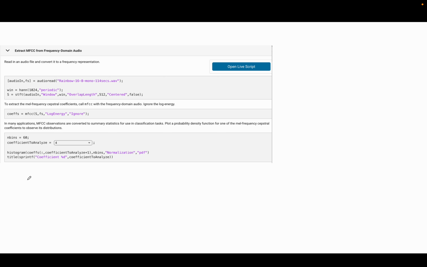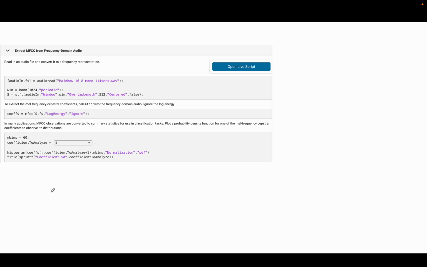A lot of times the observations are converted to summary statistics for classification tasks, so you can plot a probability density function for one of the coefficients to observe its distribution. What would that mean? That would mean you're looking at a distribution function of one of the bands that the cepstral coefficient draws from.